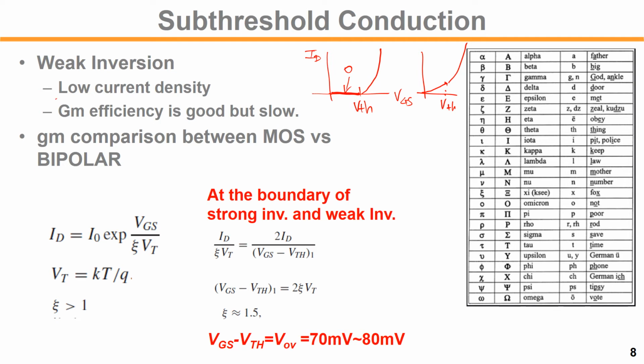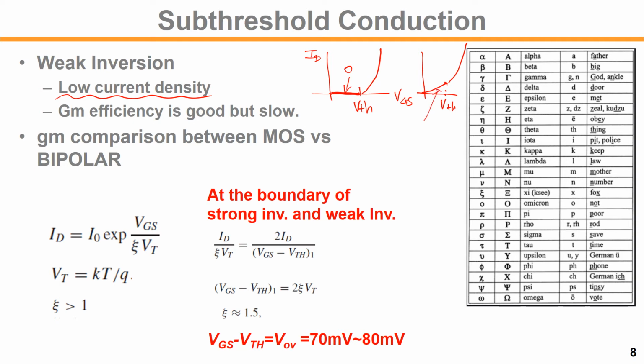So in this low current density, the weak inversion, we have a slightly inverted surface, so we can still have control over the drain current by the VGS.